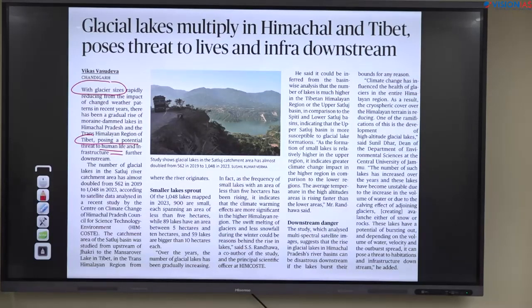They are not like normal lakes or other water bodies that you see. These glacial lakes can hold a large volume of water. And if they release it, it would be a sudden release, and that sudden release will happen in a hilly region where there is a slope. So water will flow with a very great velocity, and that water will bring destruction wherever it goes. So these glacial lakes are a very big threat to human habitations there and any other infrastructure.